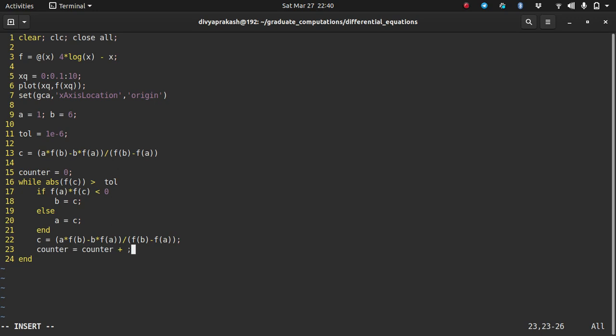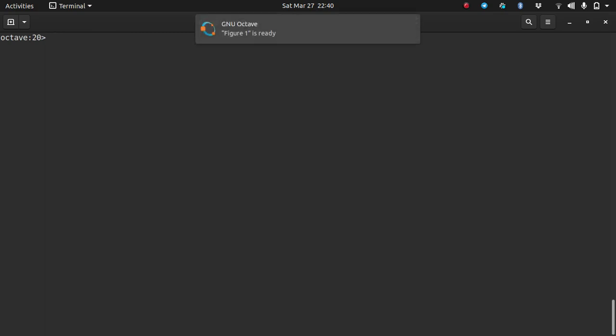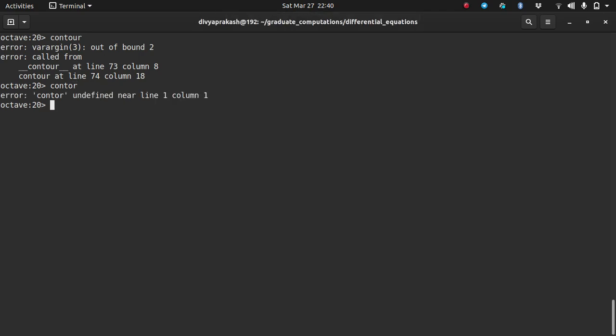So the counter variable gets incremented by a value of 1 every time the loop is run. And let me also put a semicolon so the output is not shown to us. Okay, fine. Let's run the code and look at the value of counter.